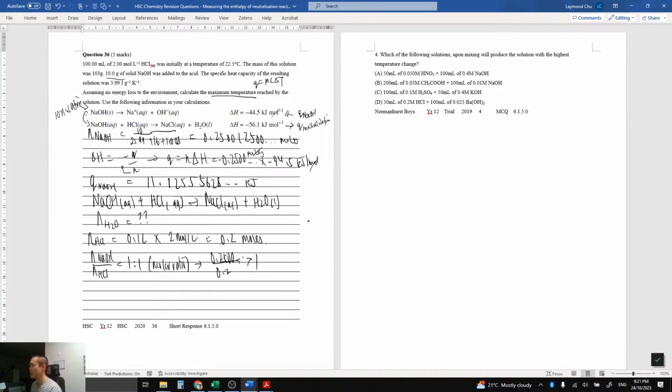So that means HCl is limiting. So therefore we can say moles of water compared to moles of HCl is 1-to-1, which makes moles of water equal to 0.2 moles.